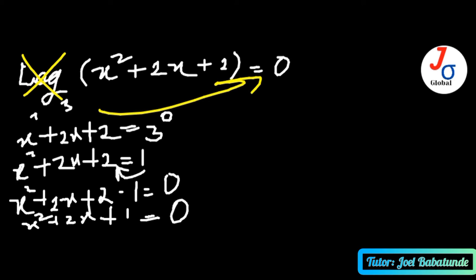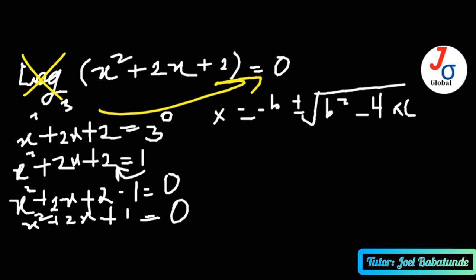So to find the value of x for this, resort back to the formula x equals minus b plus or minus the square root of b squared minus 4ac, over 2a.